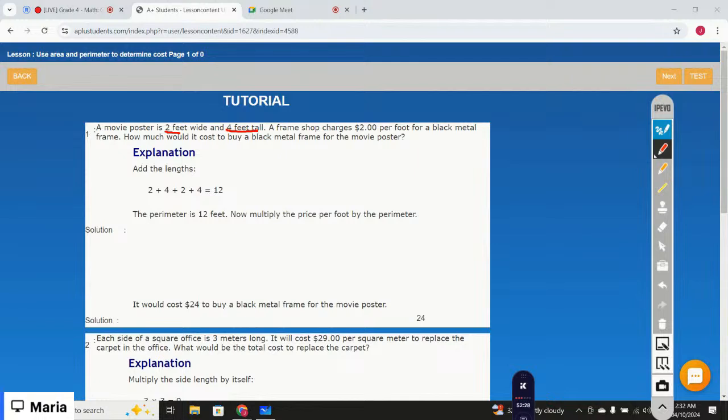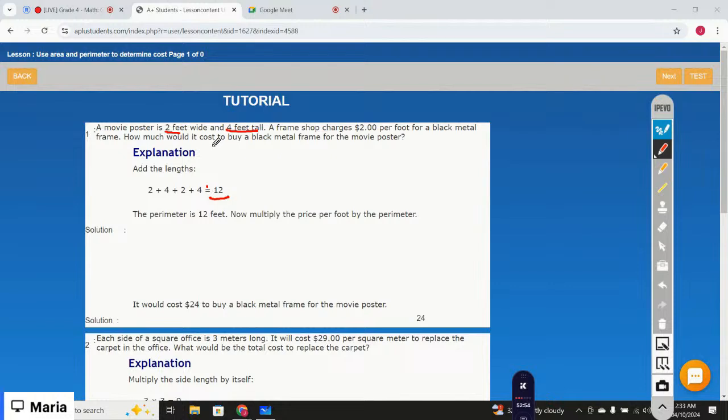So first thing is you need to find the perimeter of the movie poster. For the perimeter, you need to add all the side lengths. So just add 4 plus 4 plus 2 plus 2, that is 12. That is the perimeter of the movie poster.